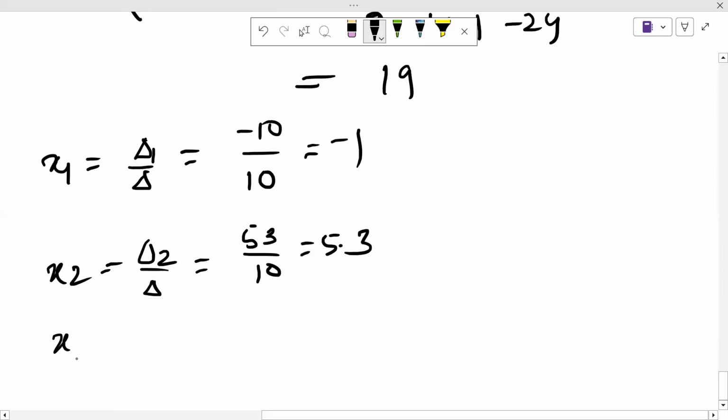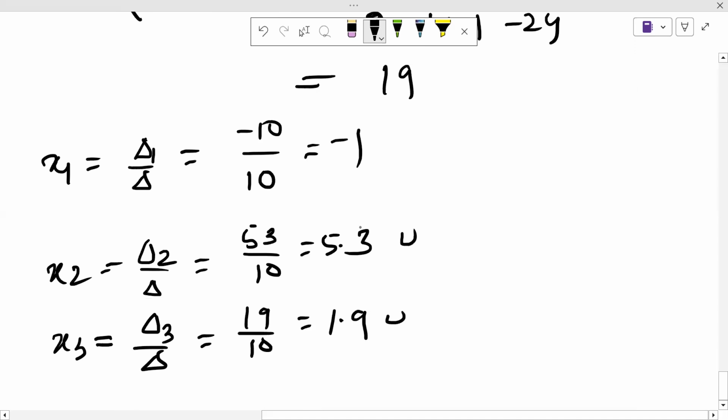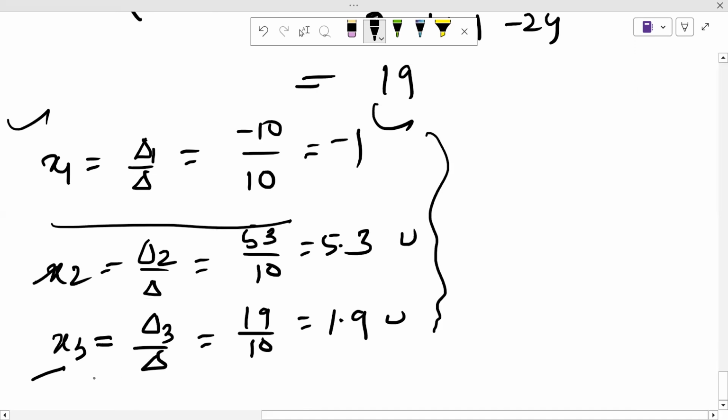And x3 becomes del 3 by del, that is 19 by 10, which is 1.9. So this is our solution actually. We can evaluate the x1, x2 and x3 values in our problem by using the determinant procedure. So thank you.